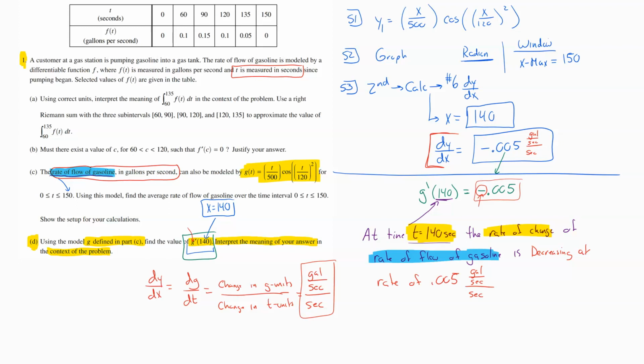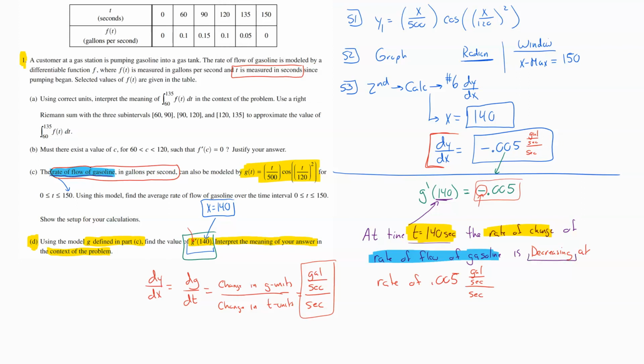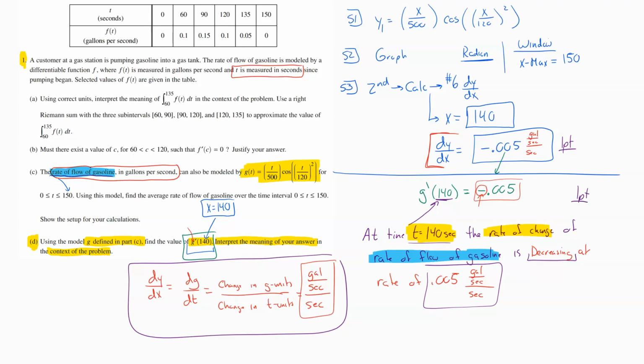Then we always use increasing or decreasing depending upon whether our derivative is positive or negative, at a rate of, and then you put in the answer you get from your derivative and put your units together using your method here. So that's how you handle part D. Part D would have been worth 1 point for finding just this piece of the answer, and 1 point for putting it all together for interpreting the meaning.